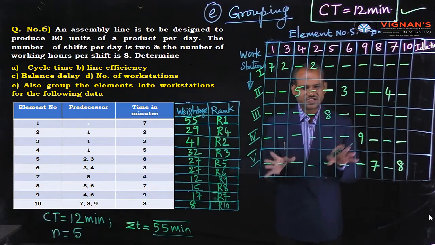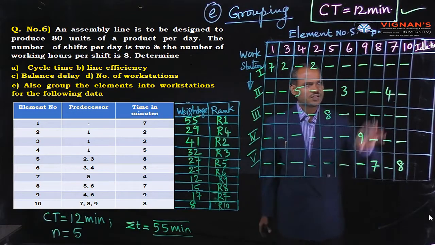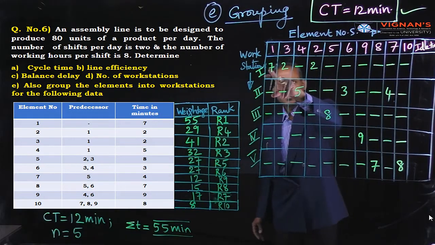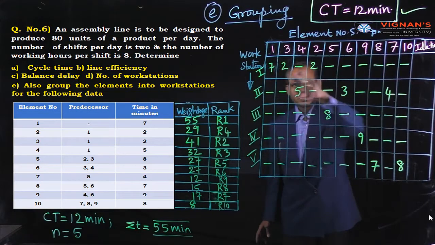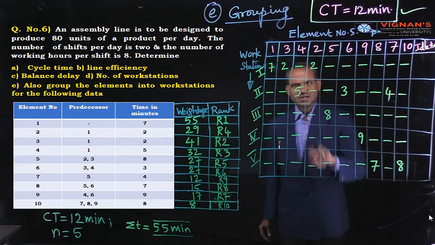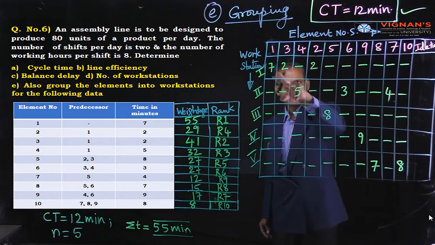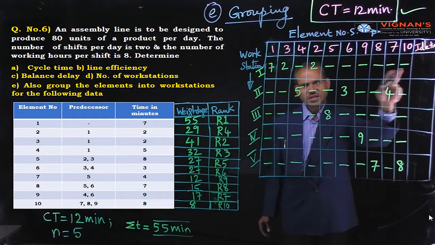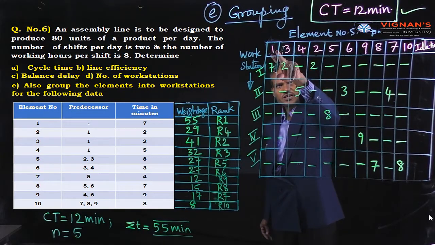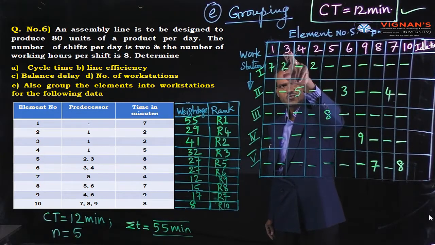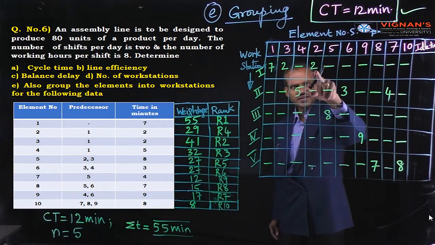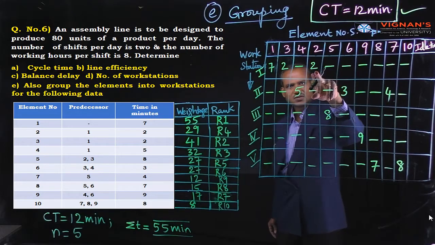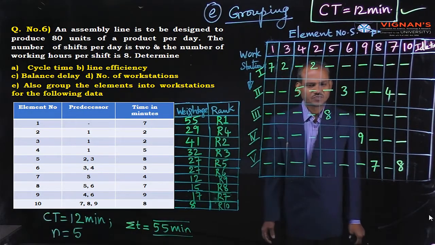Please listen carefully. Consider workstation number 1. Observe the sum of timings. Work element number 1 timing is 7, work element number 3 is 2, 7 plus 2, 9, and 9 plus 2, 11.